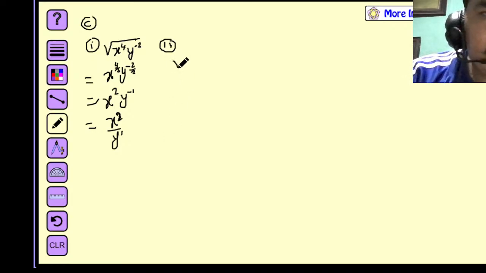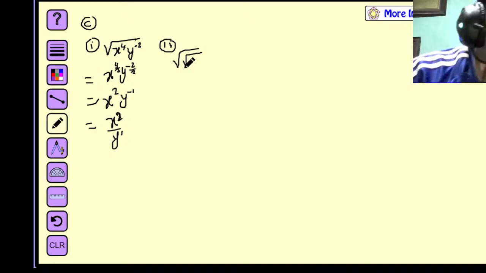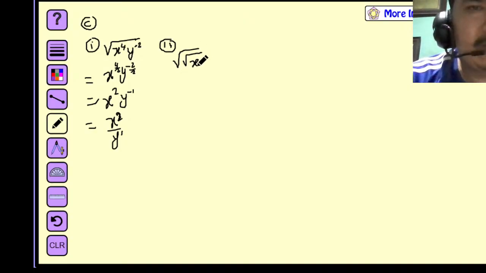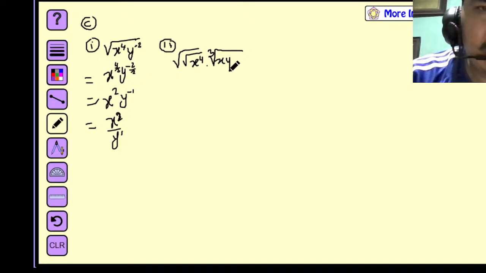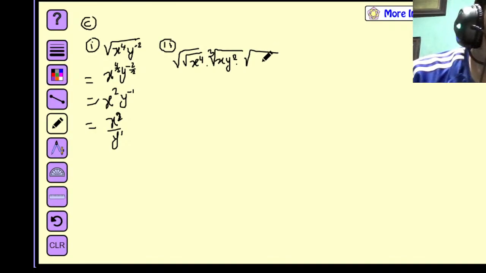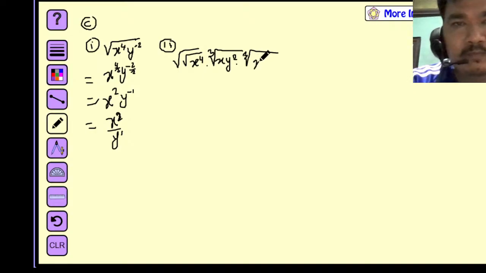A square root is given, and there is also a square root inside it: x to the power 4, multiplied by the cube root of x y squared, and multiplied by the next term, also a cube root, of x squared y. In this case, how to solve?